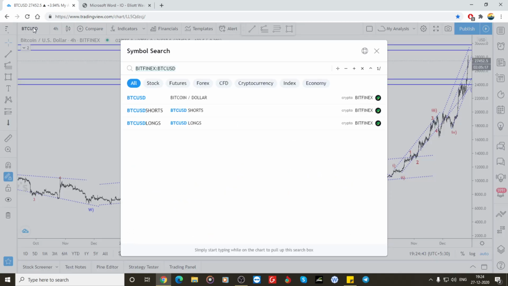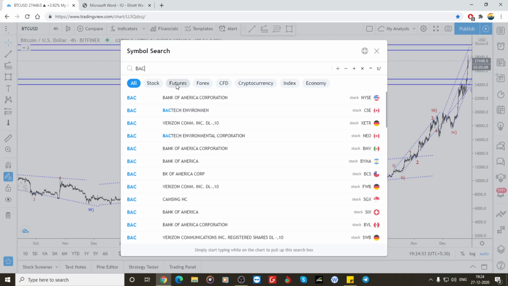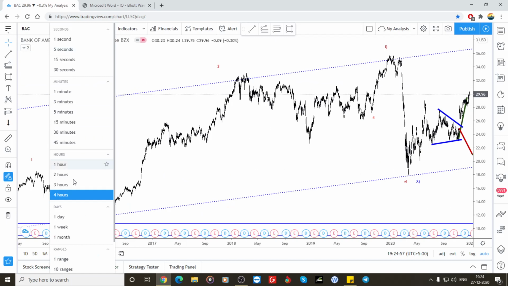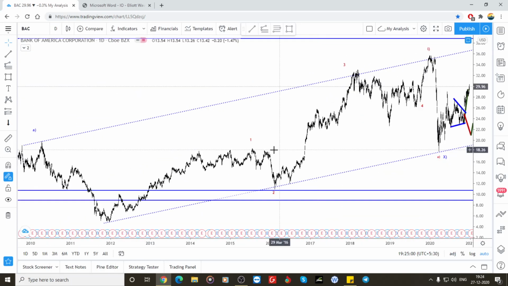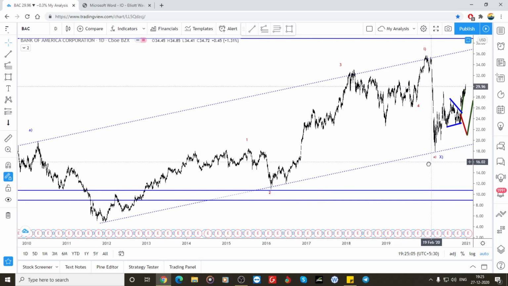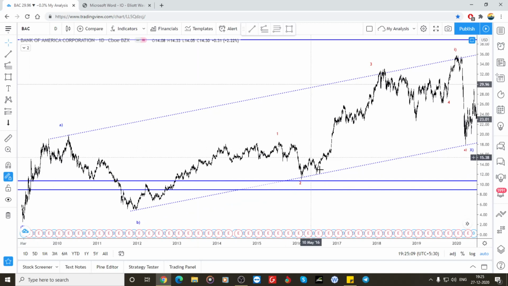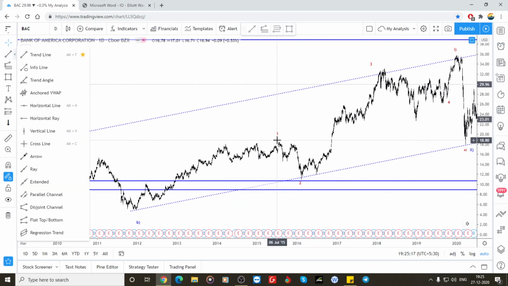So let's move on to some stocks, I think. So we will move on to BSE, Bank of America. That is also in the channel. See, it's a perfect channel, but you need to work with that. Then only A, B, 1 2 3, C 4 and 5 got completed. And we can do like this also.